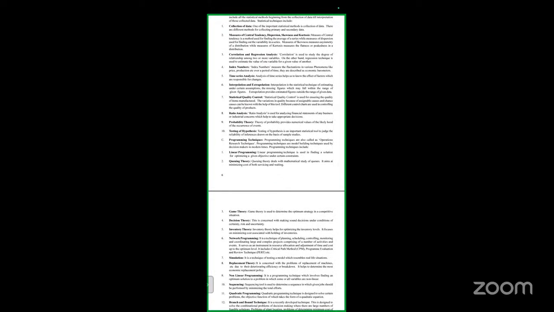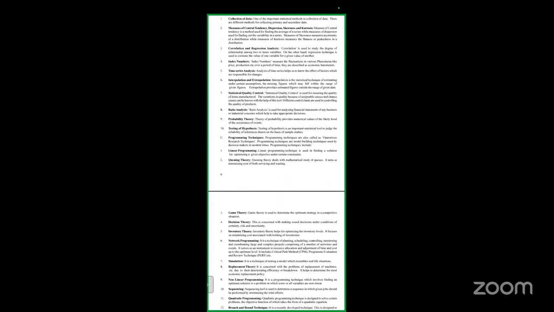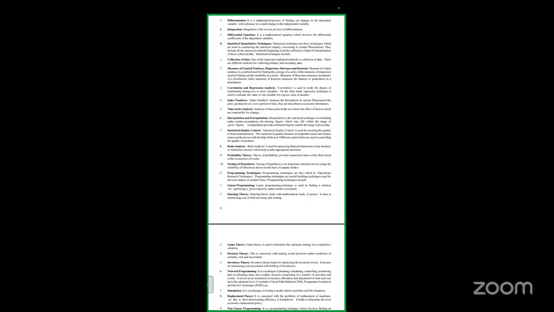Next, programming techniques, where we use a step-by-step process: linear programming (LPP), queuing theory, game theory, decision theory, inventory theory, network programming, simulation, replacement theory, non-linear programming, sequencing, quadratic programming, and branch and bound techniques.